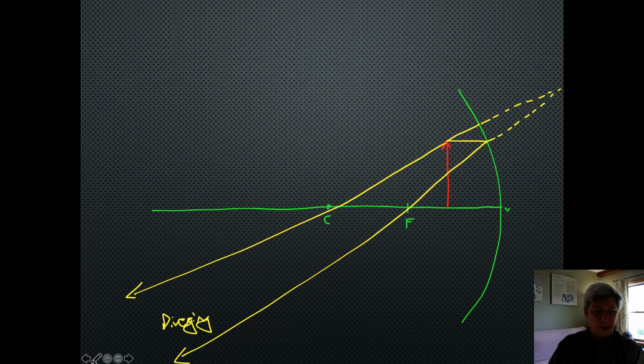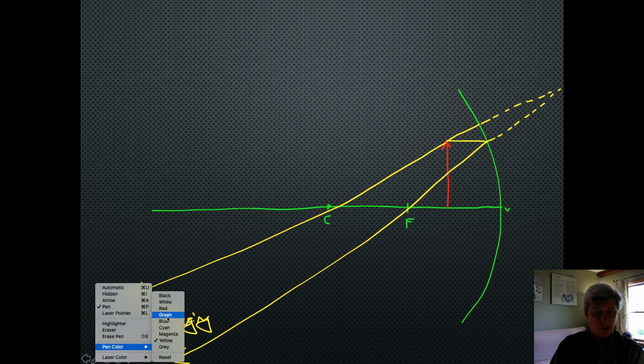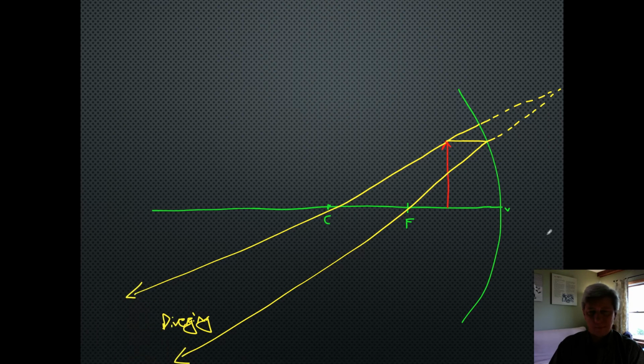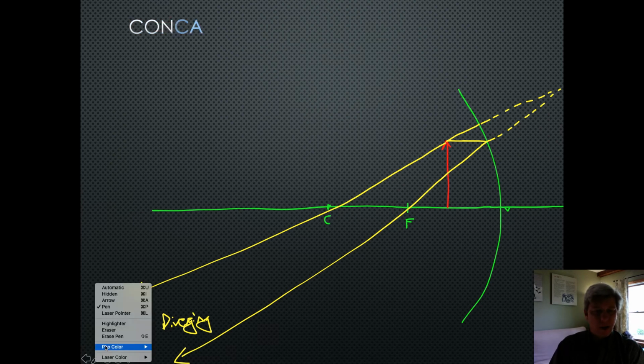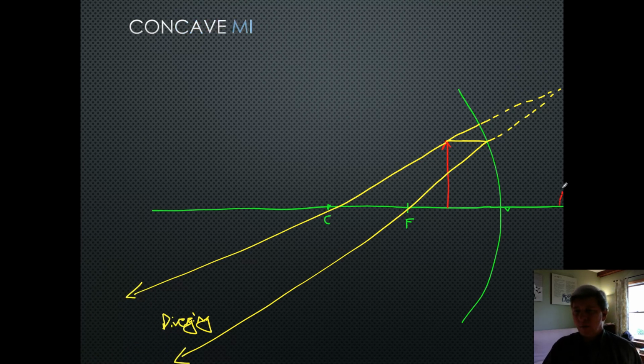But I'm going to continue the principal axis here. And this time, the image is going to be located here. All right, so that it's actually inside the mirror.